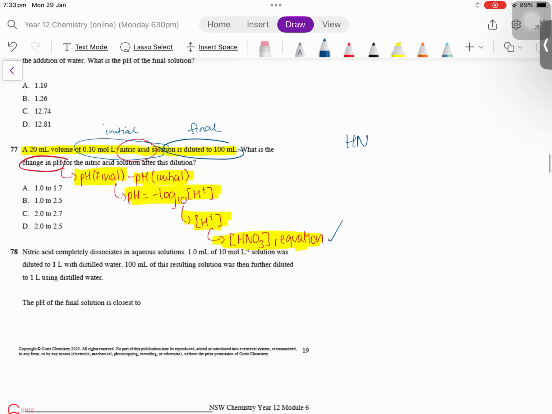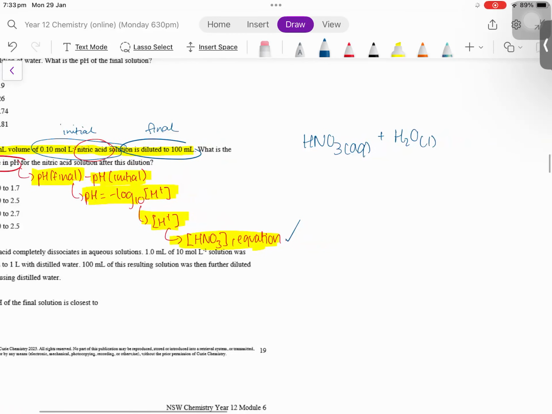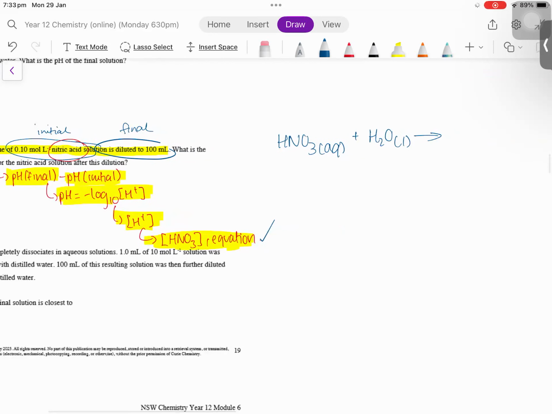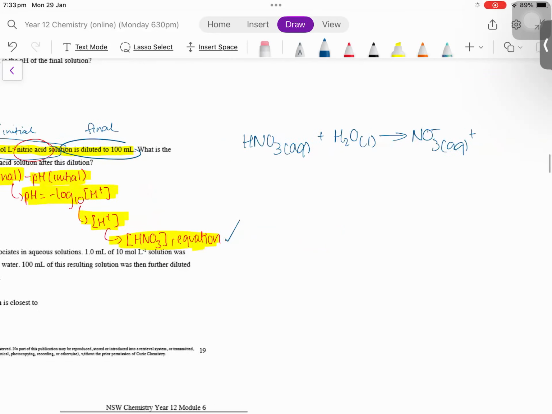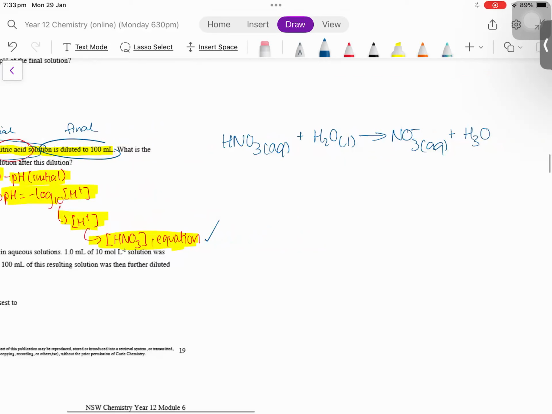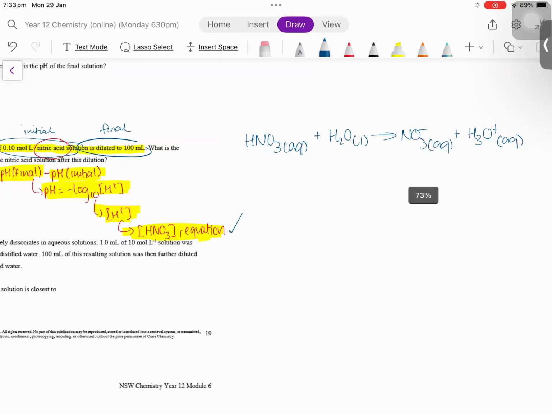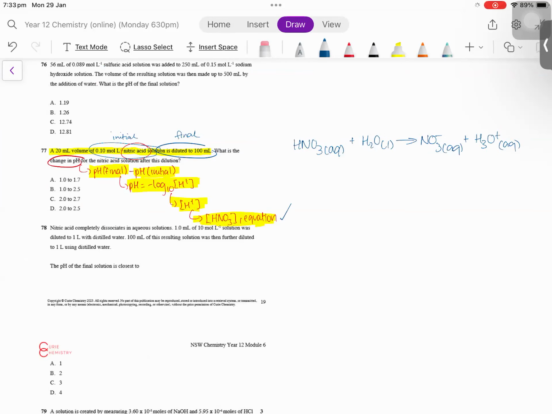HNO3 aqueous plus H2O liquid, and then it's a strong acid, so the one arrow. NO3 minus aqueous and then H3O plus aqueous. Good. Thanks, Arez. Guys, I want you to pay attention to how Arez always includes his states in the equation and he doesn't rush when he's answering the question, yeah?